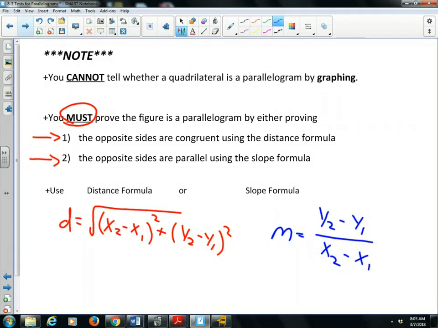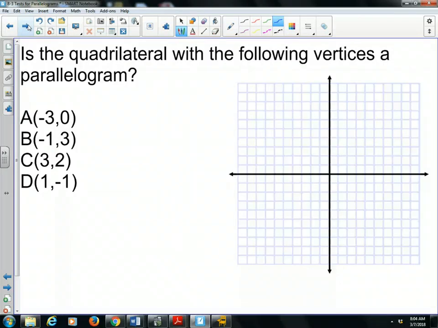So class, we're going to be doing this many times. What's better than doing the distance formula once? There are 4 sides in a quadrilateral, so we have to do the distance formula 4 times. Or we have to do the slope formula 4 times. One or the other.